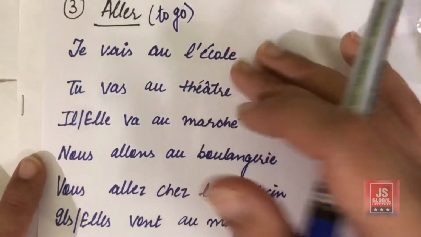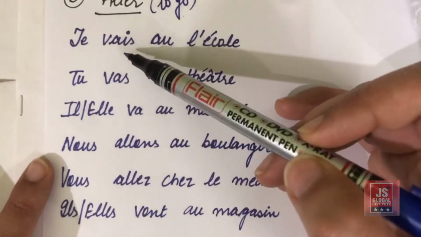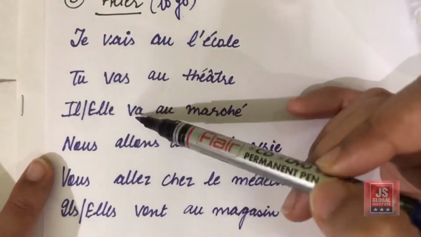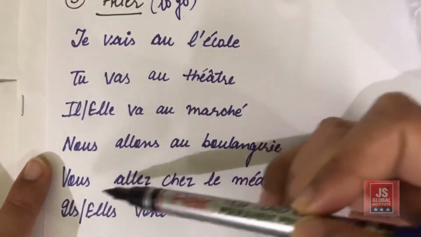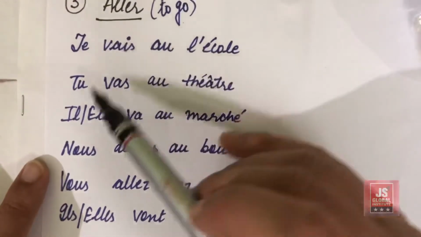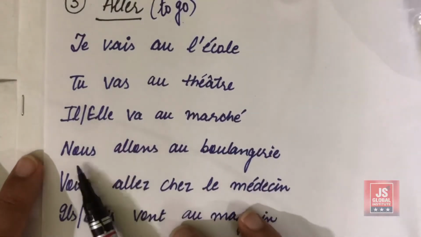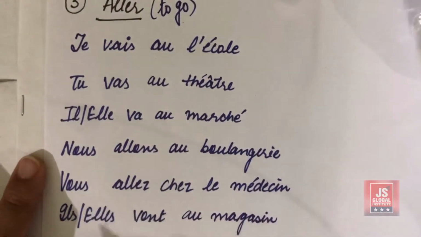Okay, and the respective conjugation of aller, that is with je we use je vais, tu vas, il va, elle va, nous allons, vous allez, ils vont, elles vont, that is I go, you go, he goes, she goes, we go, you go, they are going or they go.